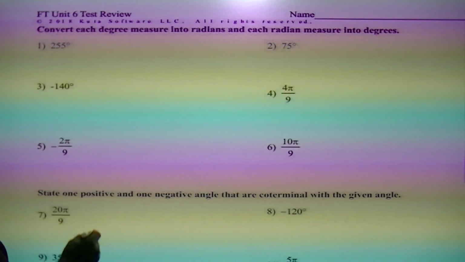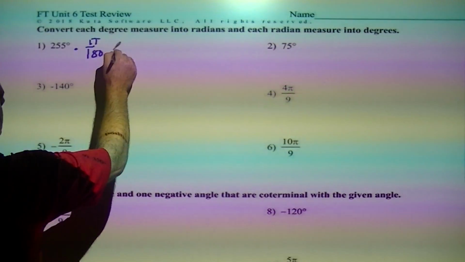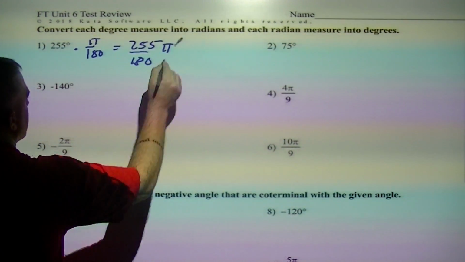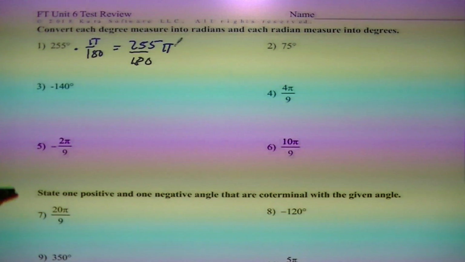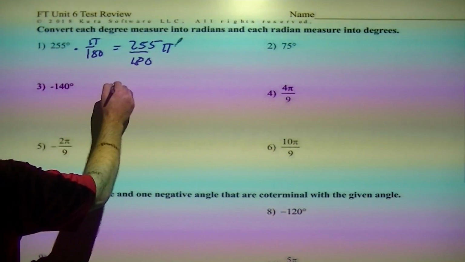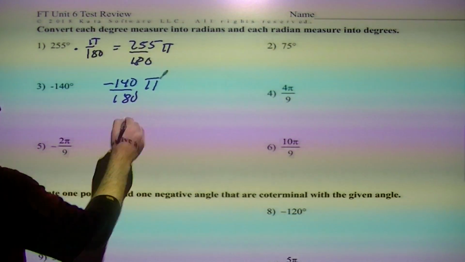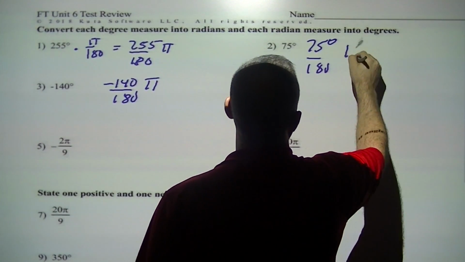So first thing we're going to do is convert to radians. So I'm going to multiply by pi over 180. So very simply, I am just taking the degree measure, basically dividing it by 180, and putting a pi next to it.